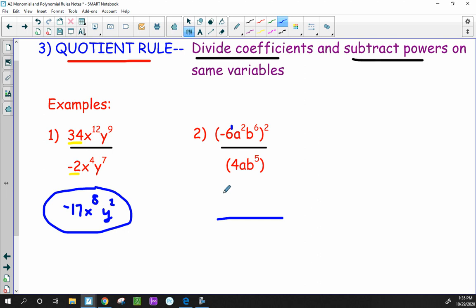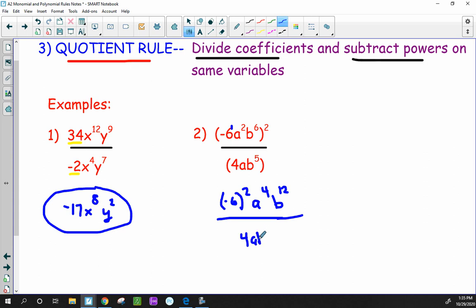So you're going to simplify the top. You're going to drop down your negative 6 in parentheses. You're going to say 1 times 2 is 2. Drop your a down. 2 times 2. Drop your b down. And 6 times 2. Alright, and then you're going to go to the bottom and recopy your monomial.